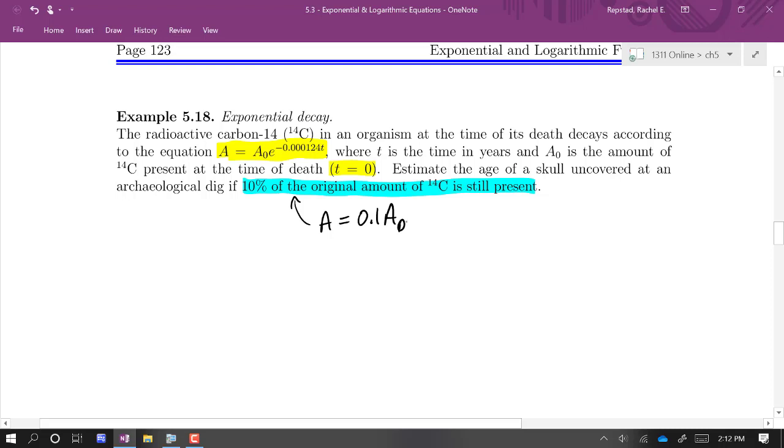And we want to know how long it takes for that to happen. So I'm just starting with the equation they gave us that models this situation, e to the negative 0.000124t. I can tell it's an exponential decay problem. Decay problems have the negative exponent. Exponential growth problems have a positive exponent. And they're telling us that A is equal to 0.1 times A naught. So I'm just going to plug that in right there.